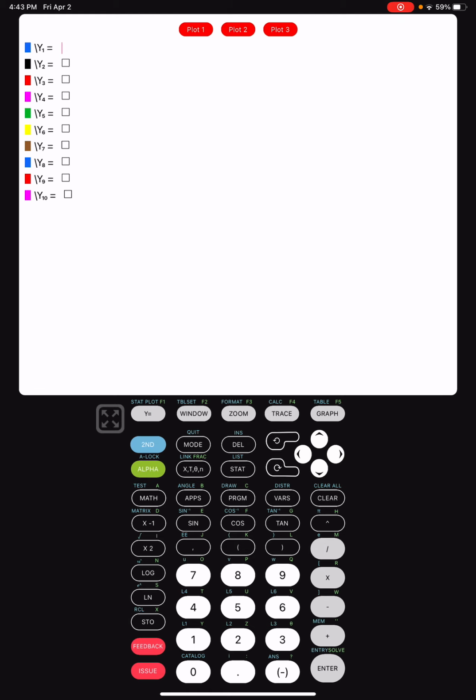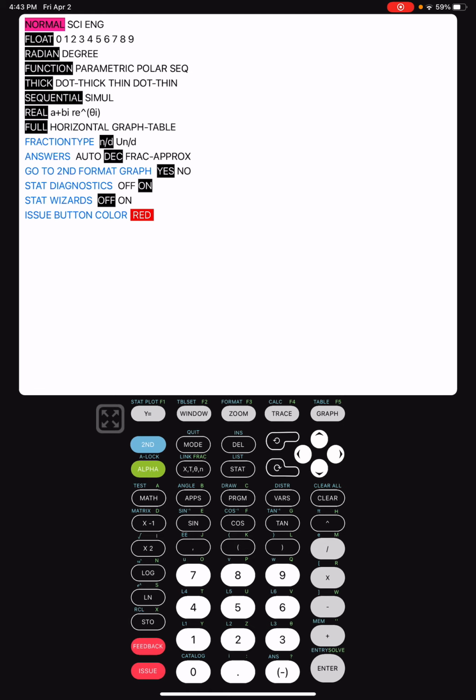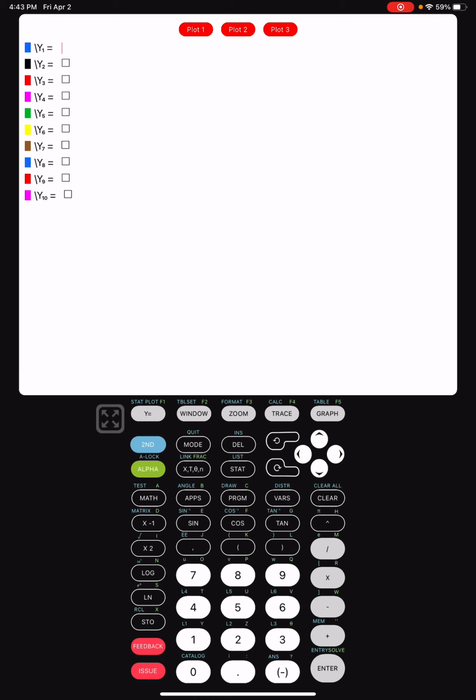Double checking, my mode is radians, good. So I have 5 minus 5 cosine of pi x divided by 26.